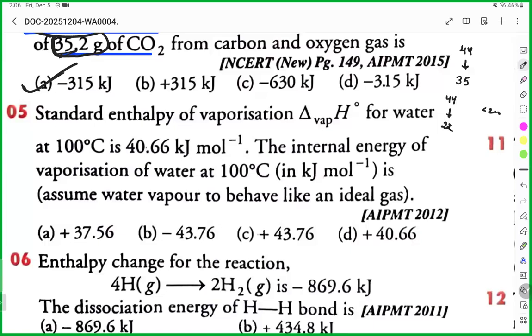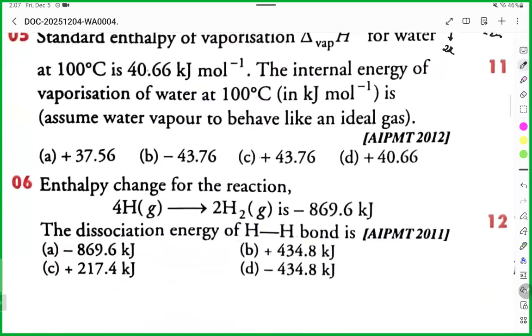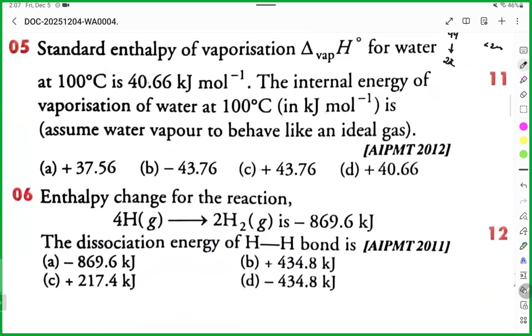Next question. Standard enthalpy of vaporization, delta H naught for water at 100 degrees. Delta T would be 298 at 100 degrees. Therefore, it maintains internal energy of vaporization of water at 100 degrees. In case water will behave like ideal gas.